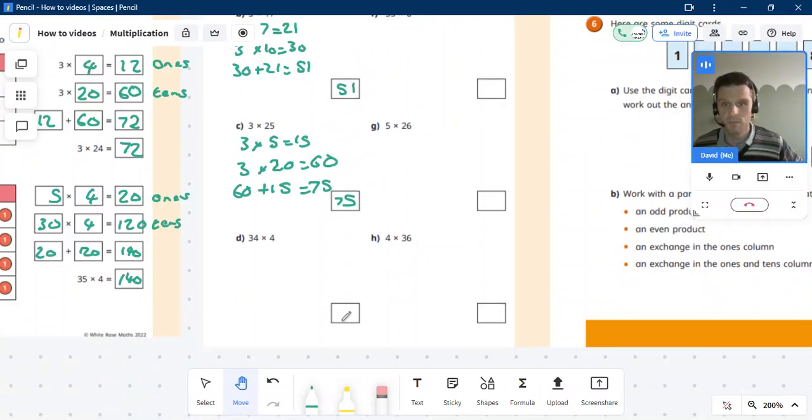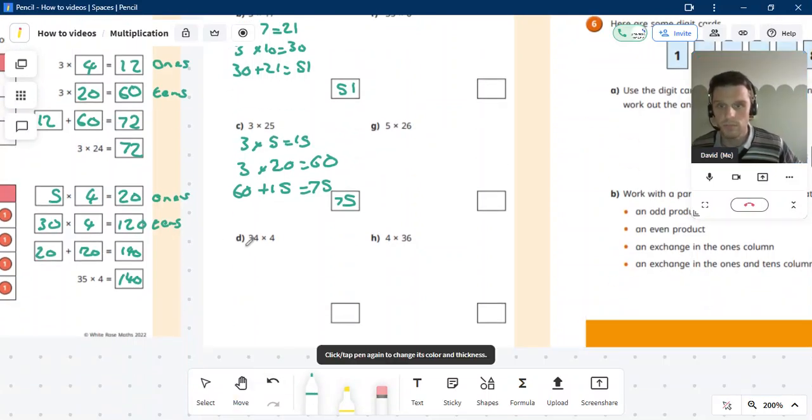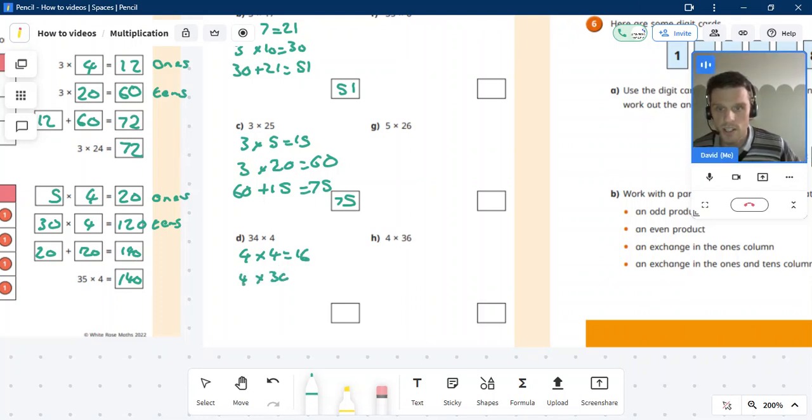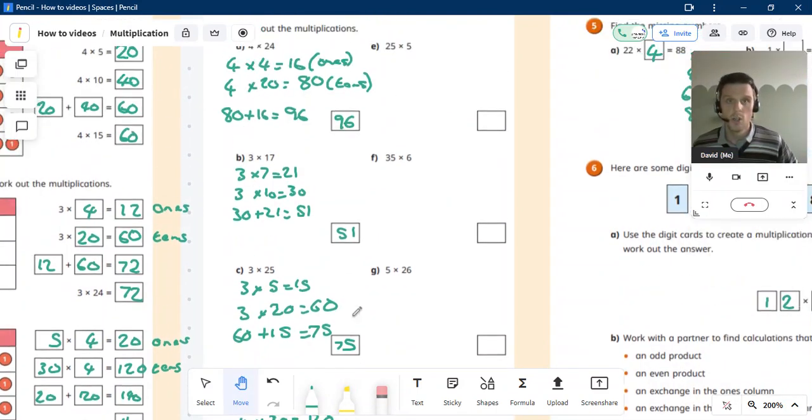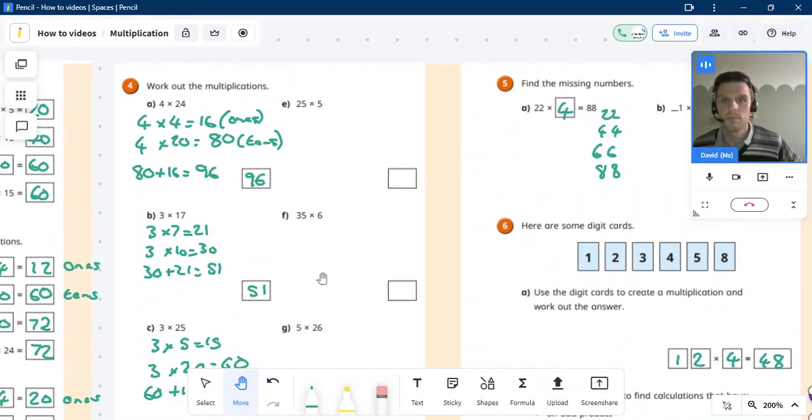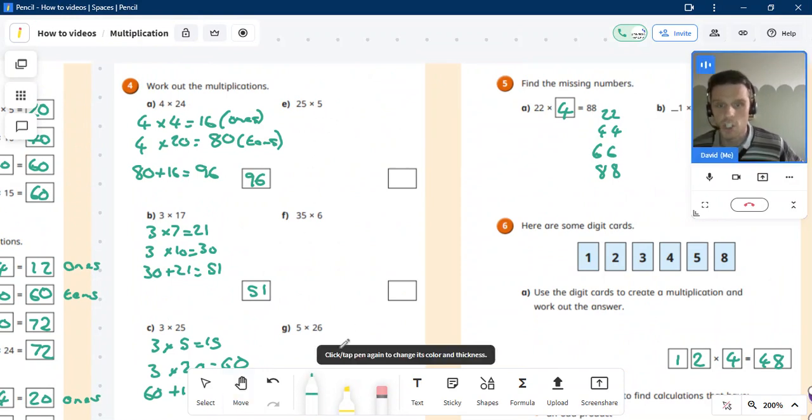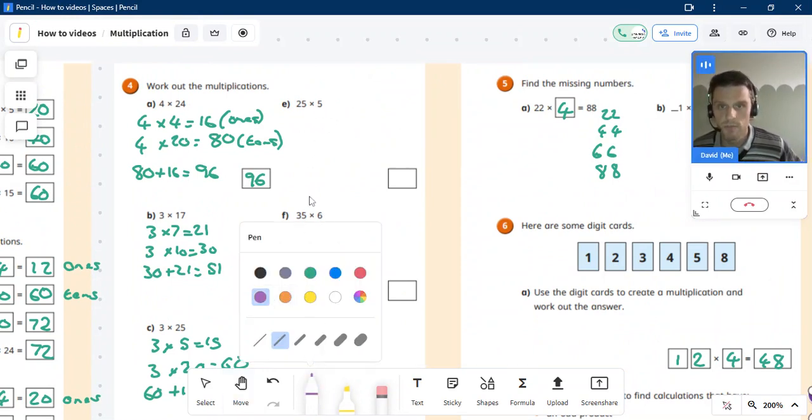Moving on to D. 4 times 4 equals 16. 4 times 30 equals 120. So 120 plus 16 equals 136. That's my answer there. E. I'm going to change the colour so we don't get confused.